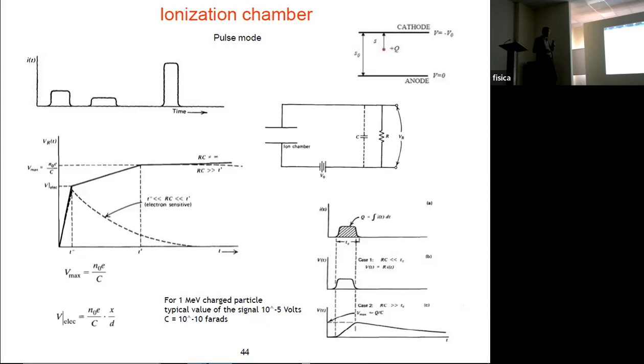For example, the capacity is usually 100 picofarads, and the signal is pretty feeble, small, and you have to somehow amplify it by using charge-sensitive amplifiers, some sophisticated electronics.